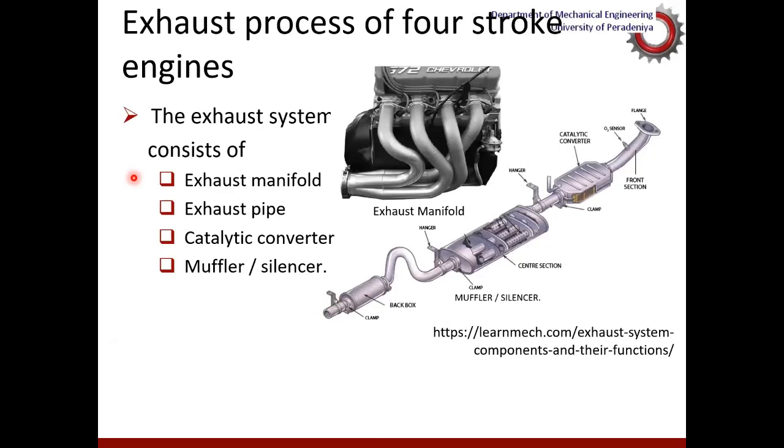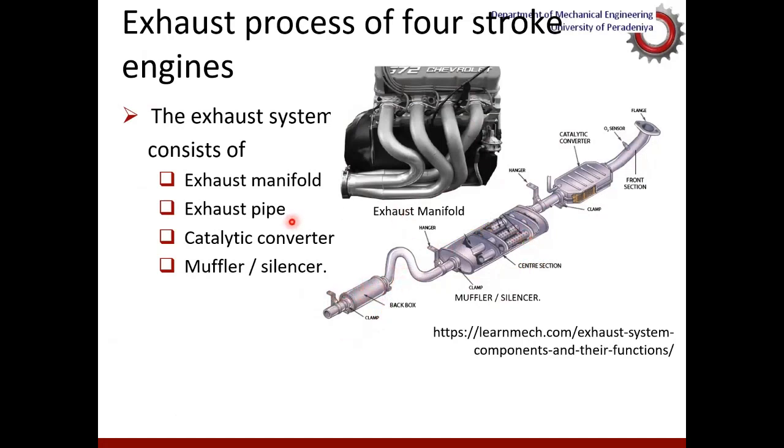On the other hand, if you look at the exhaust system, it also consists of several components. The exhaust manifold, as you can see here, connects to the flange over here and to the catalytic converter. There's an oxygen sensor down here. And then there is a silencer or muffler, and then the back box, which is, again, a part of the silencer.